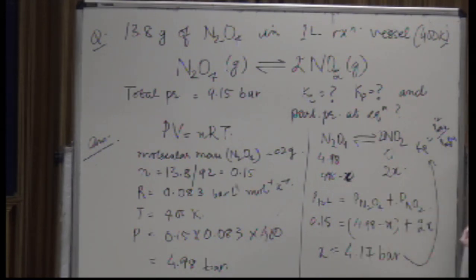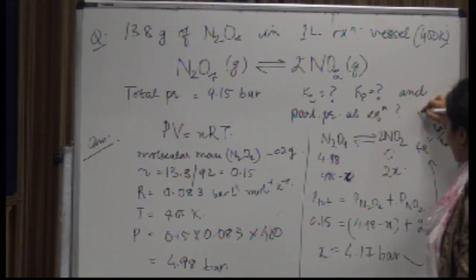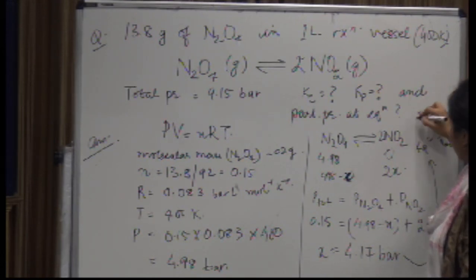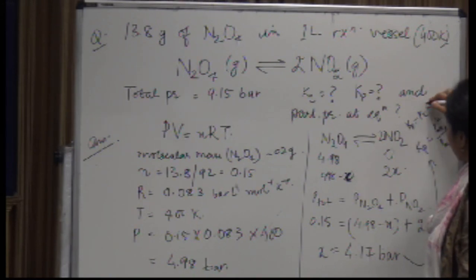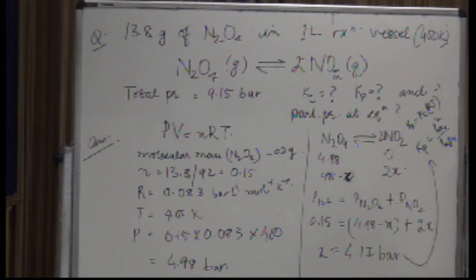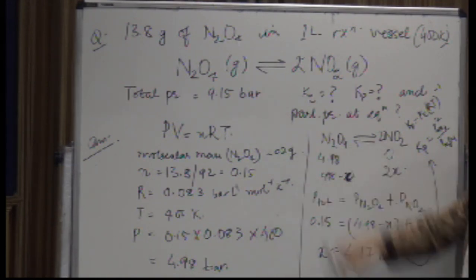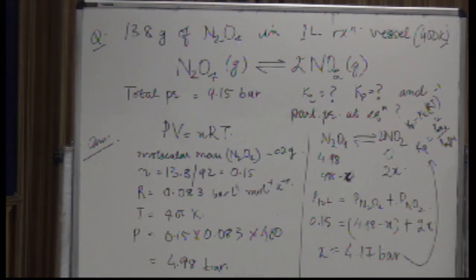So you calculate that, and once you know your Kp, you can easily calculate your Kc. Your Kp is equal to Kc into RT to the power of 2 minus 1. So you can easily find that out.